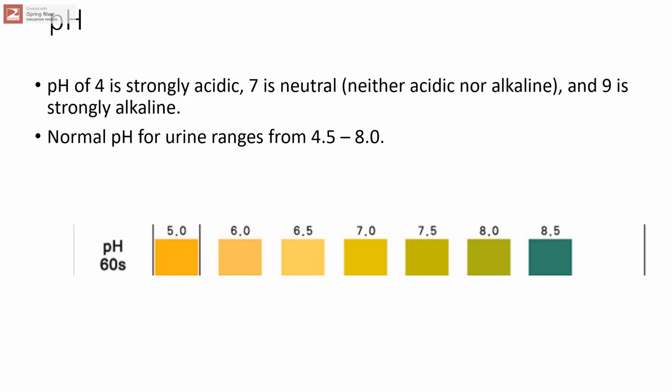So the pH of the urinalysis is not so significant because urine has a wide range of pH, 4.5 to 8. And in some situations, it's actually beneficial to keep the urine alkaline or acidic.